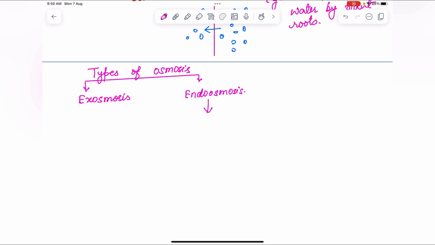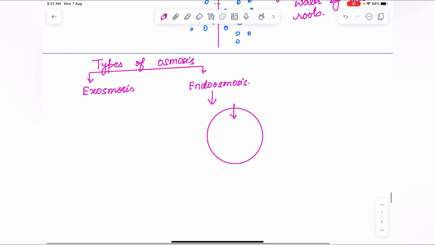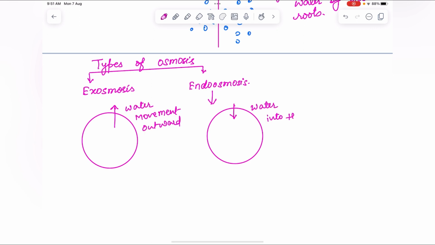Endosmosis is the entry of water into the cell. The water will move inside the cell. And in exosmosis, the movement will be out of the cell, the withdrawal of water from the cell or system.